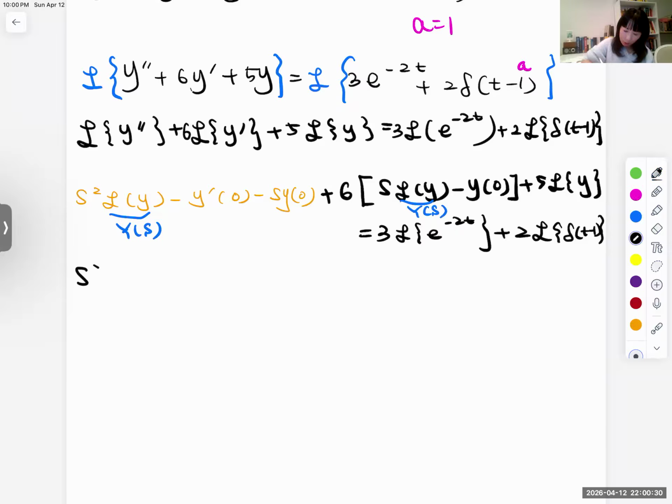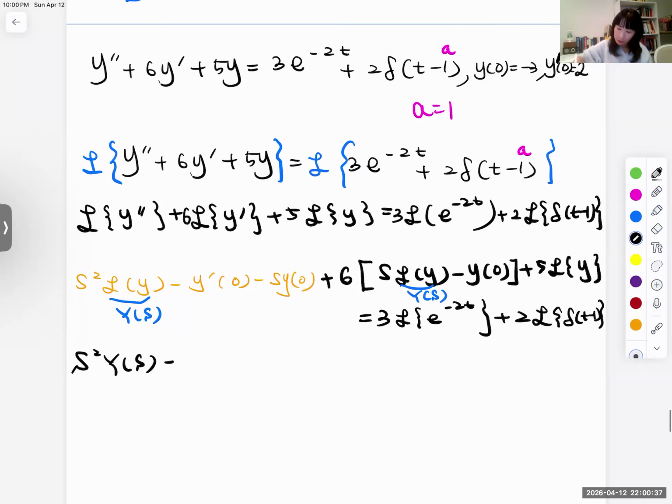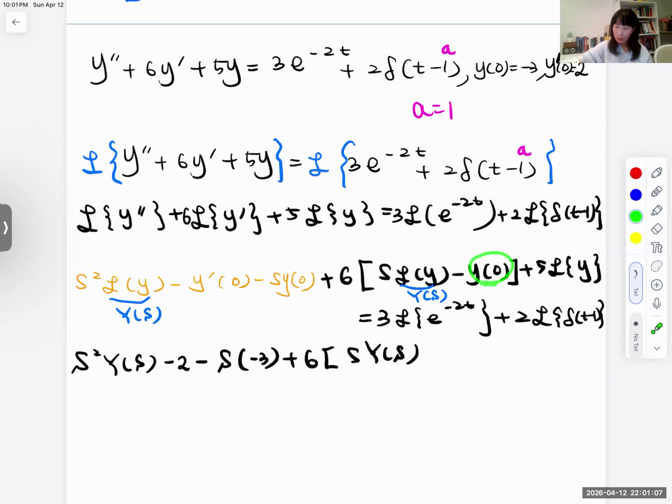So we have s squared Y of s minus y prime of 0, which is 2 given, so it's 2, minus s y of 0, which is negative 3, plus 6 times s Y of s minus y of 0, equal to negative 3, and plus 5 Laplace of y, which is Y of s.